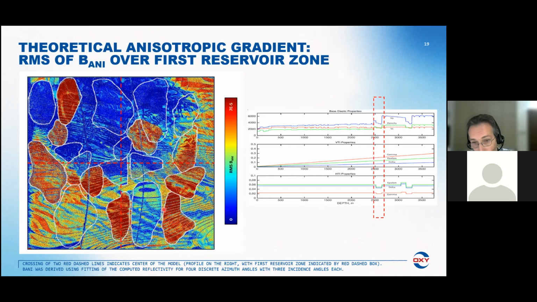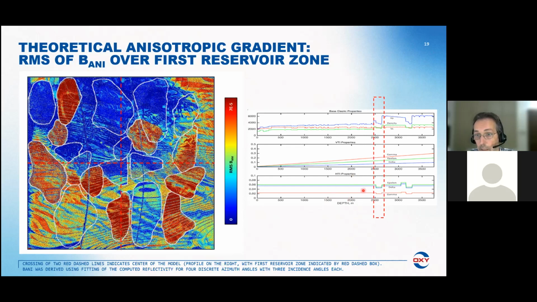So 4 discrete azimuth sectors, and then each one has 3 incidence angles. And then I'm computing the RMS over that first zone again, which is indicated here. That is that first zone.